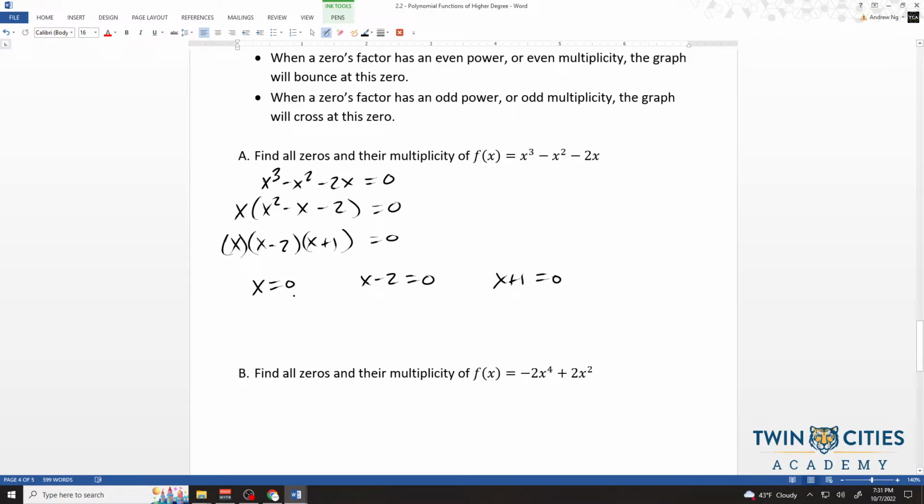Well, this is already solved for us, and this only had a power of 1. Each of these is power of 1 here, power of 1 here, power of 1 here. So this x equals 0 is a zero of whatever function this is, f of x, and it's got a multiplicity of 1.